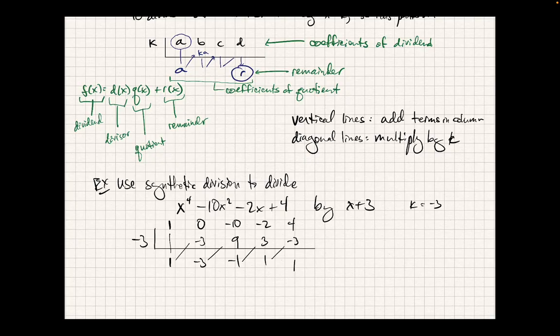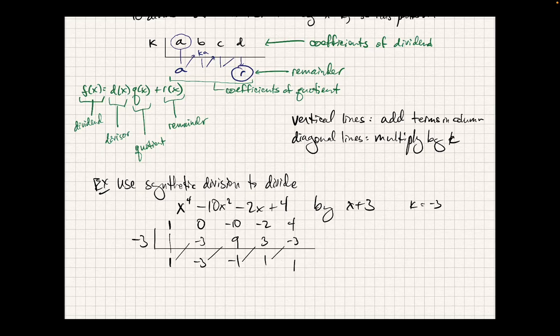Write x to the 4th minus 10x squared minus 2x plus 4 equals, and then write what it equals. Can we figure out what it equals? And when we did long division, what did we write first when we were writing our answer?